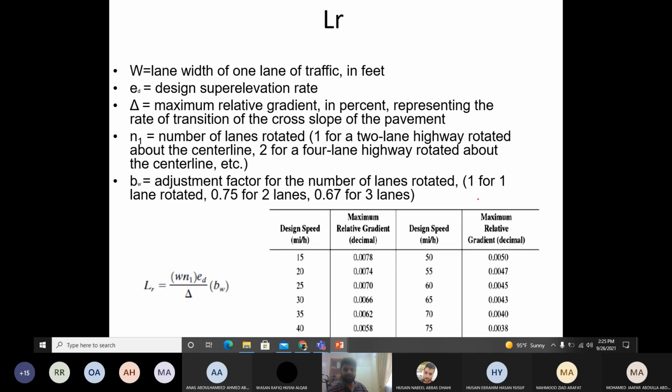We don't have more than 3 lanes on each side. If you do, you can use the same pattern and reduce the value of BW. But it is very uncommon to have more than 3 lanes on each side on the curve.